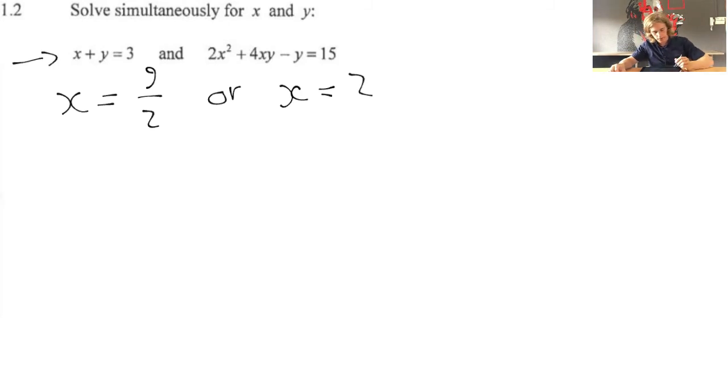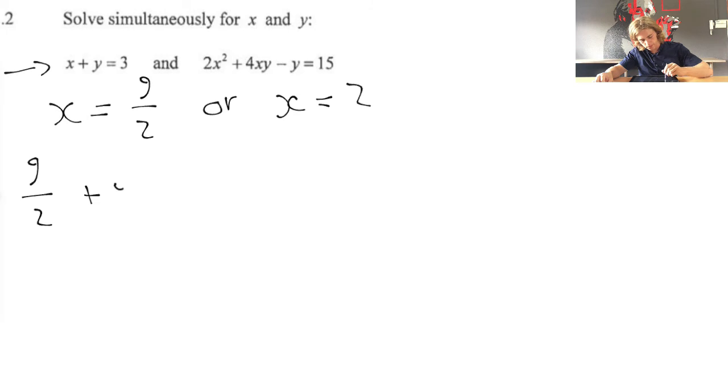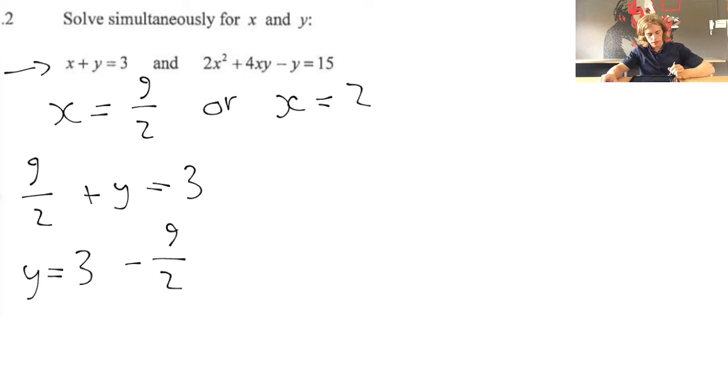And so we have 9 over 2 plus y equals 3. And so we say y equals 3 minus 9 over 2, which is actually 4.5. And therefore, y equals negative 3 over 2. You can use a calculator, which is the same as negative 1.5.